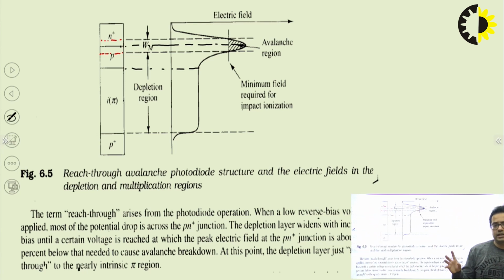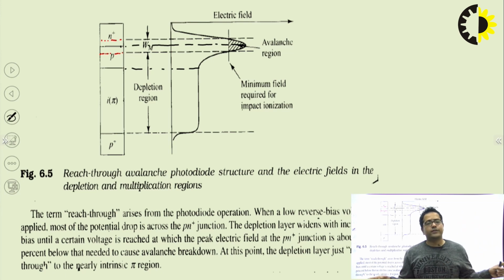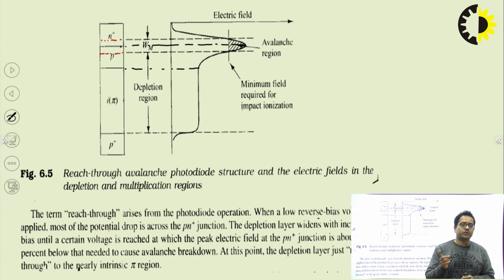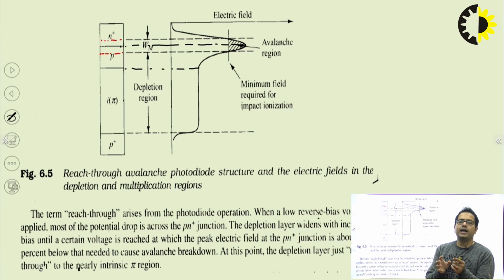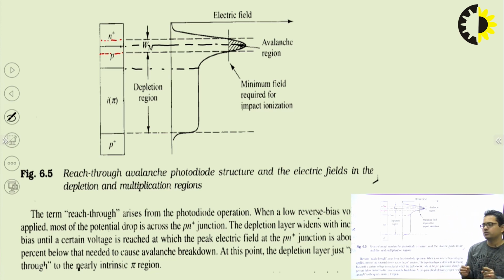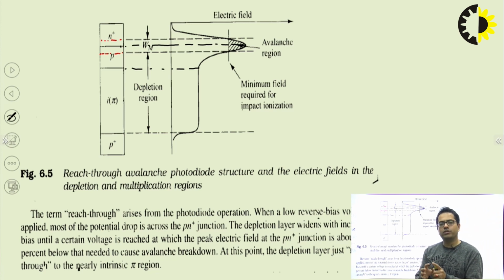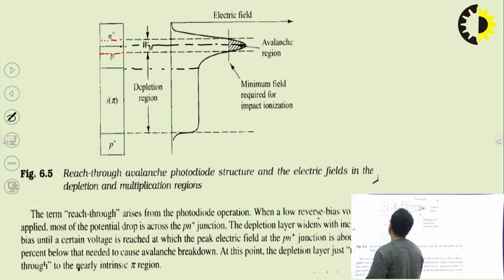Impact means that the higher number of electrons let free, because of their high velocity, will hit other electrons which are bonded with the atoms, and they will let those electrons free. These freed electrons will move across the material through the wires and constitute an electric current. So these are the terms associated with the avalanche.